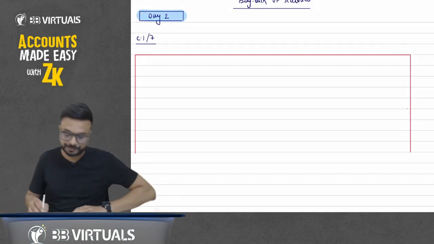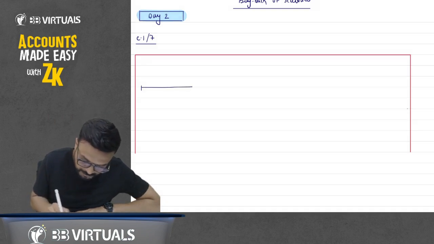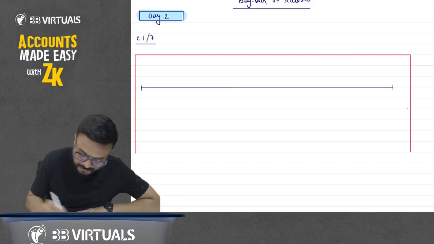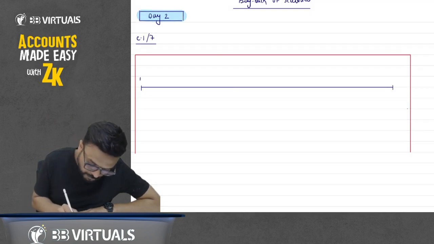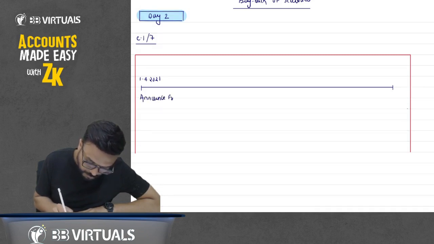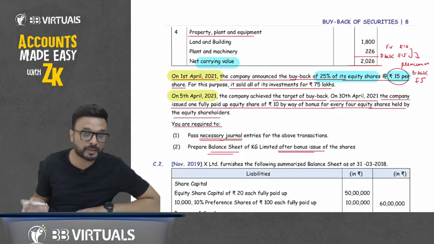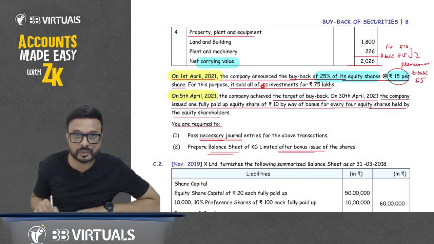Now understand this point. What happened here? The company announced for buyback. Listen: on 1st of April 2021, the company announced the buyback of 25%, and they also sold the investment.